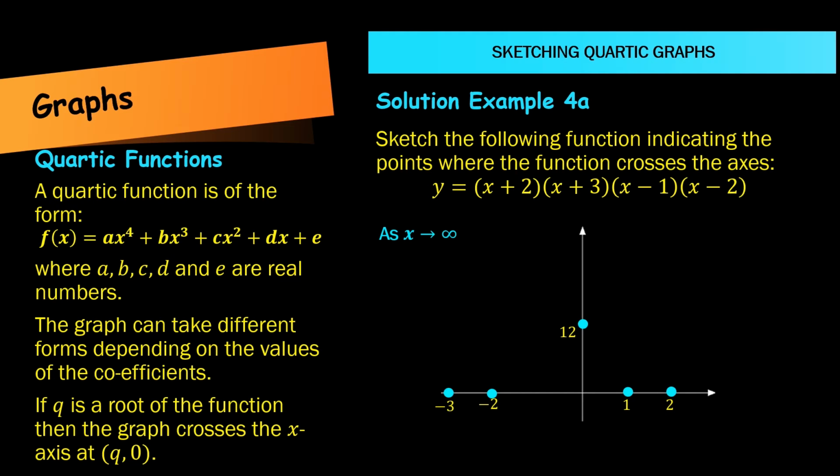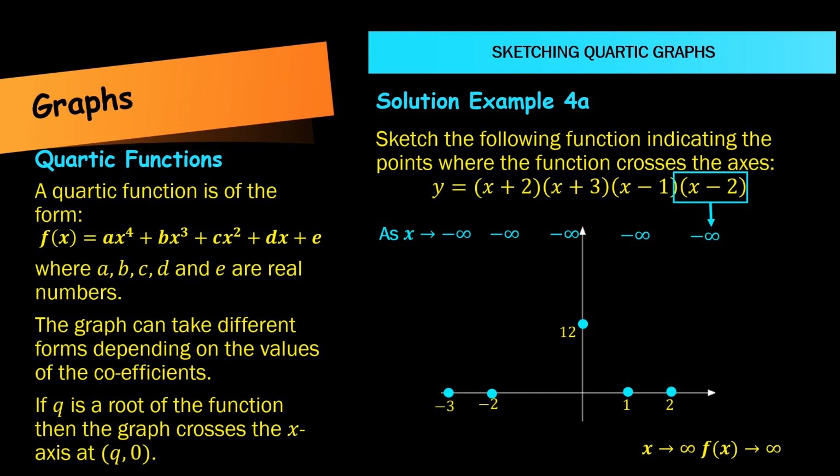Also, as x tends to infinity, all the different parts tend to infinity, and therefore when we multiply them together, we have f of x tending to infinity also. As x tends to minus infinity, the different parts tend to minus infinity.